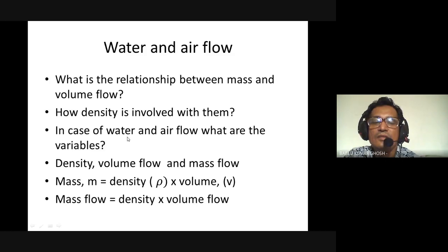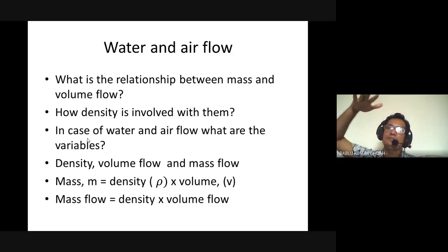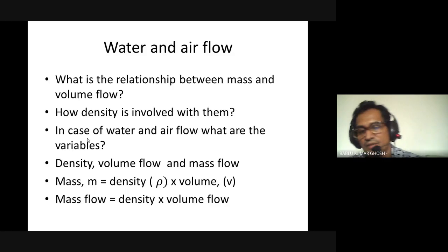So in case of water and air flow, what are the variables? In case of water flow, the variable is the height of the water dam, that is how much potential energy it pushes. Then the diameter of the water pipe and the water volume flow rate.